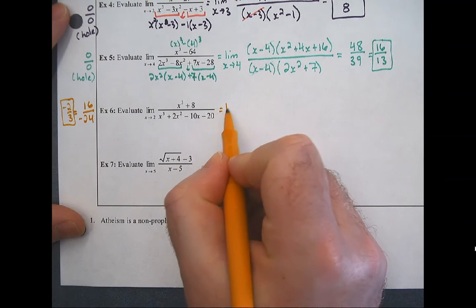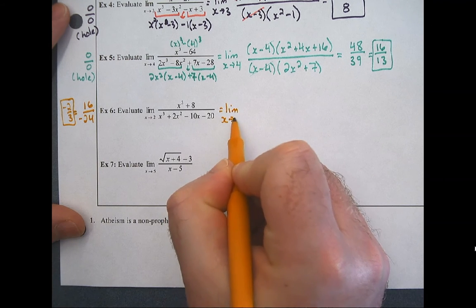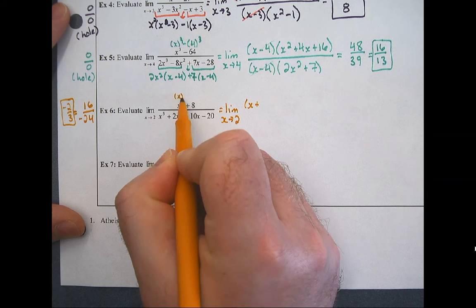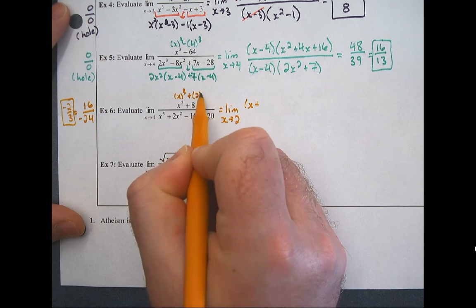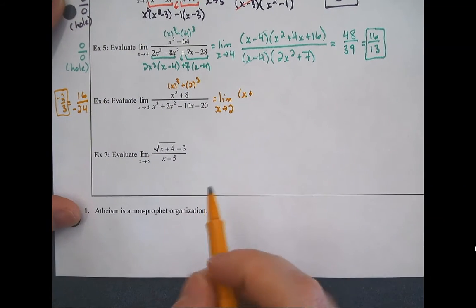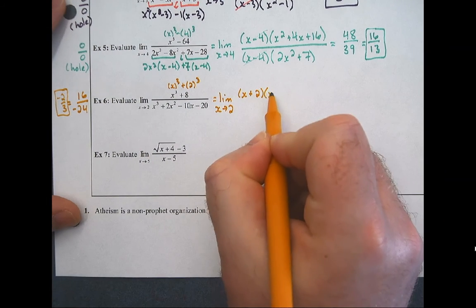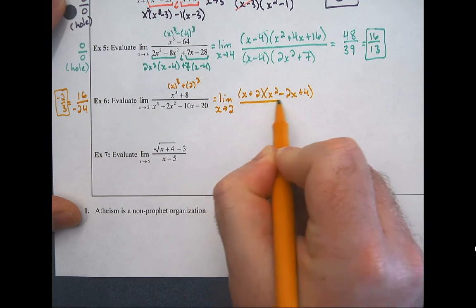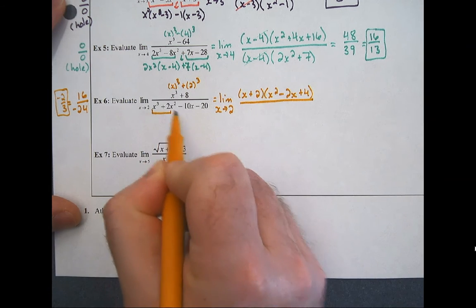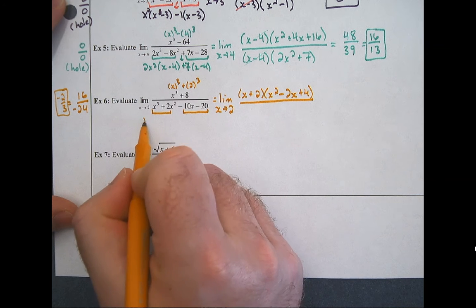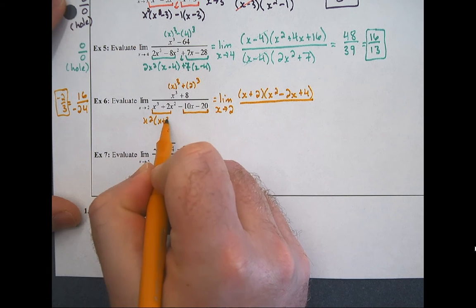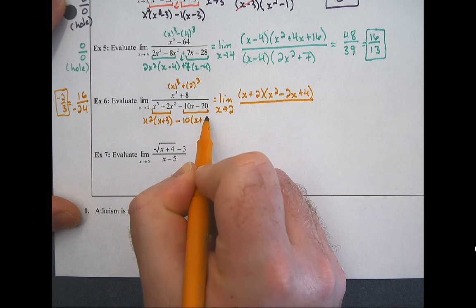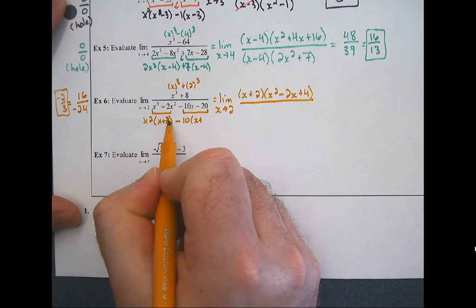Okay, so this is going to be the limit as x approaches 2 of x cubed plus 2 cubed. That's x plus 2 times x squared minus 2x plus 4, over, factor by parts. This has an x squared, which leaves behind x plus 3 minus a 10. x plus, try again, x plus 2.